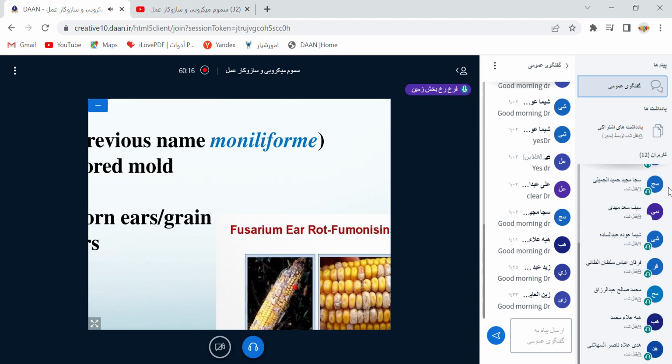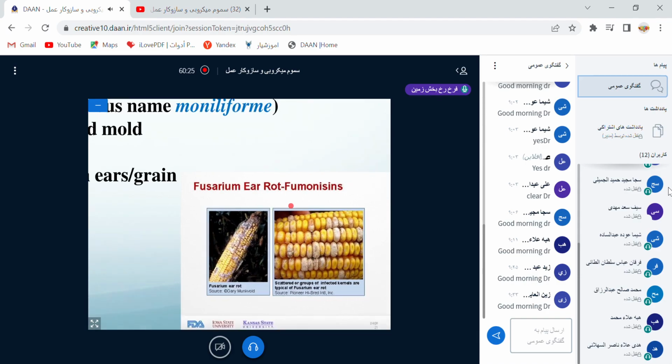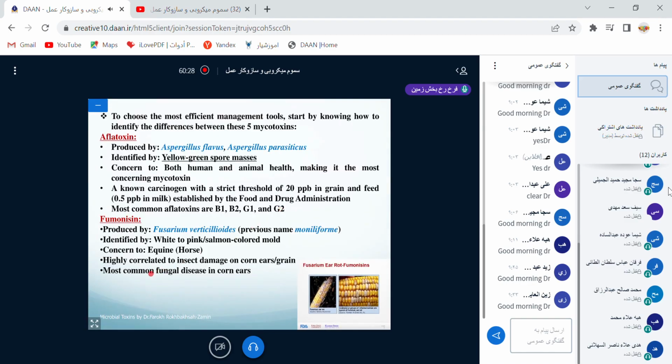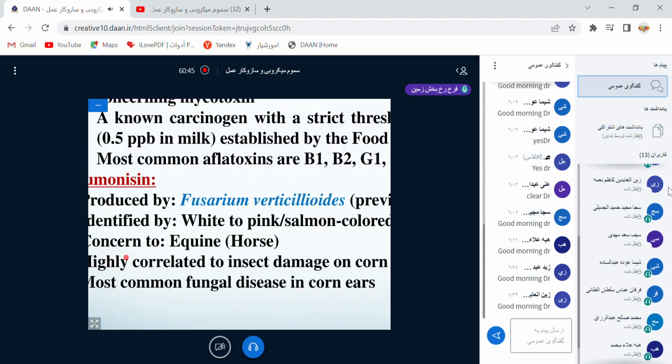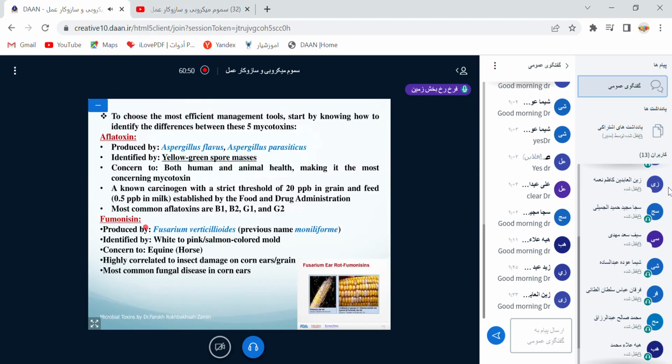So in corn, Fusarium ear rot, fumonisins, if present. It is the most common fungal disease in corn ears. So mostly this fungus is present in corn and can produce this toxin named fumonisin.